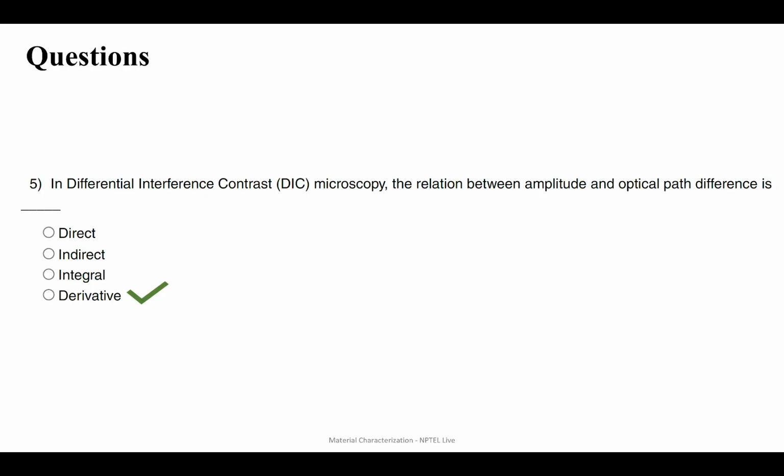So the correct answer will be D, derivative. We have already talked about this. The derivative of the optical path difference gets converted into the amplitude of your microscope image.